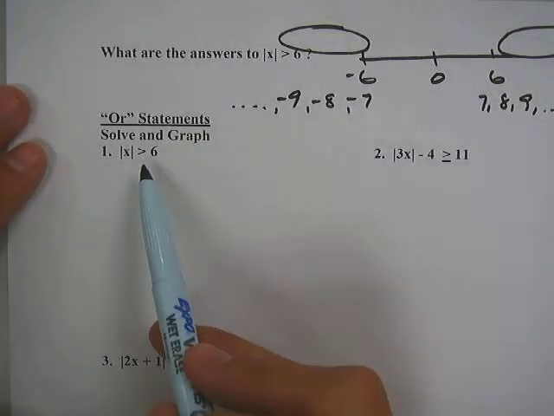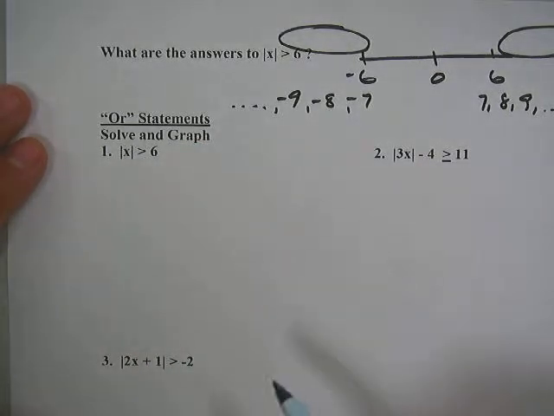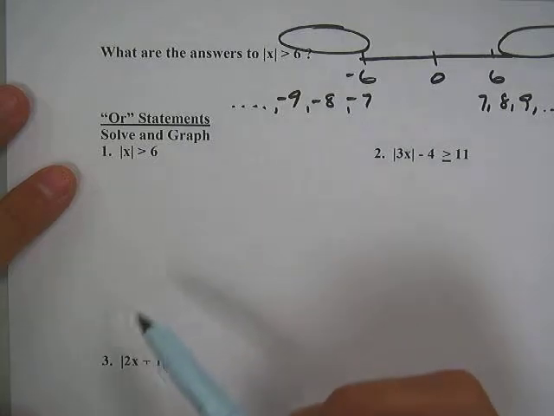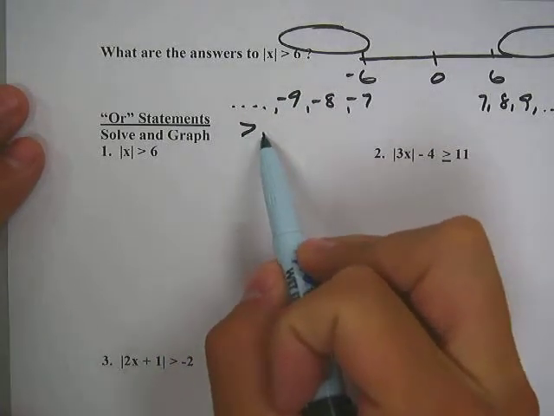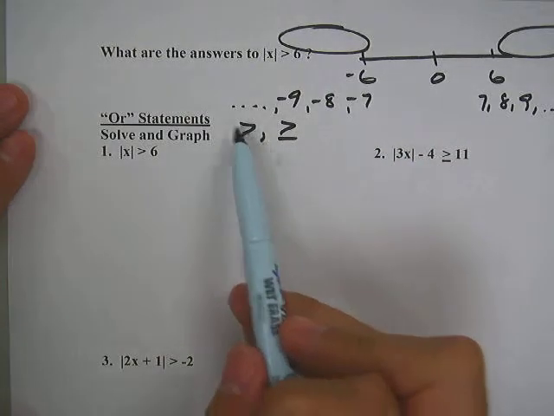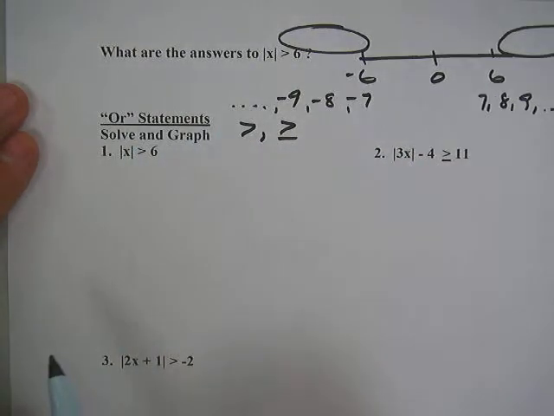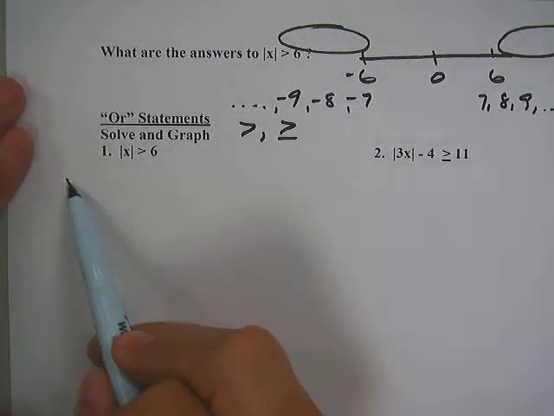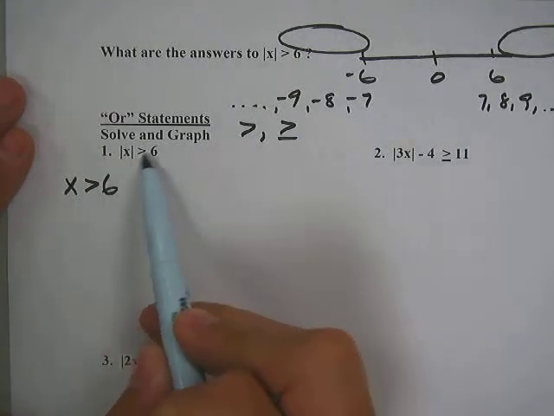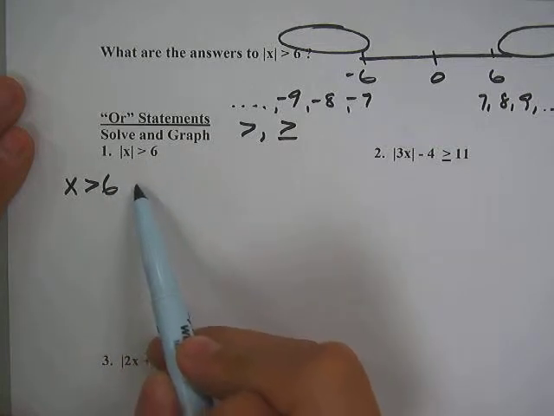So how do we go about transferring this type of problem into a compound inequality like we talked about before? Well, first of all, this next section is about what we call OR statements. Now, you know an absolute value inequality is an OR statement when it says greater than or equal to. Or the way I like to say it is greater is OR.